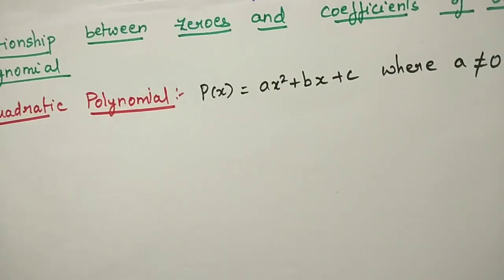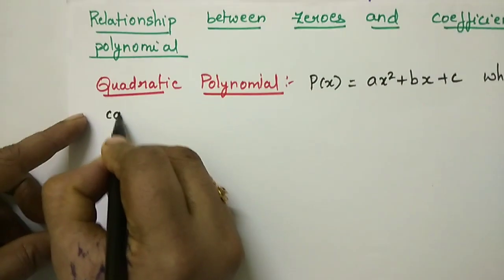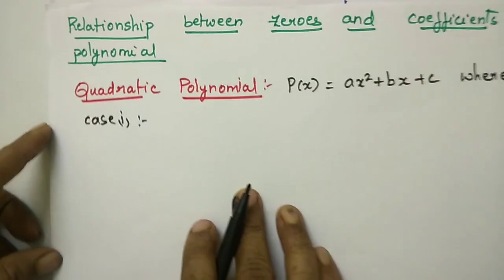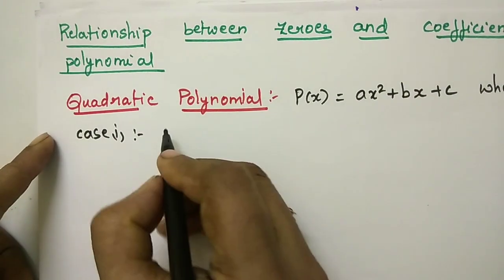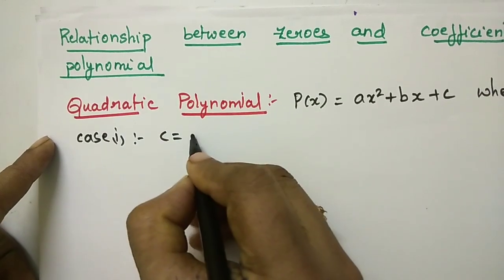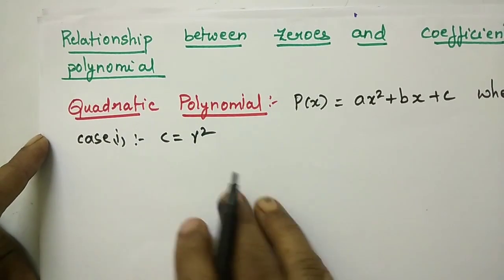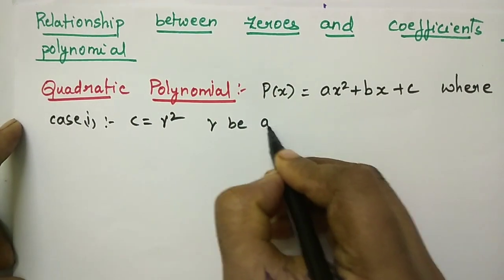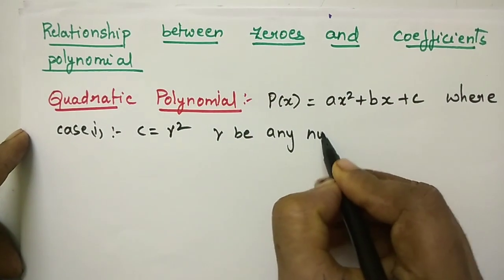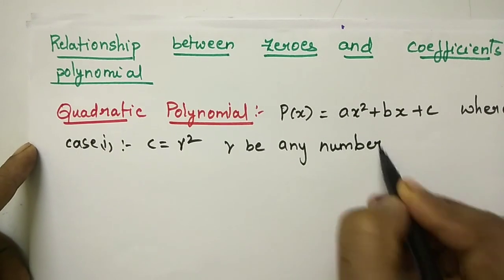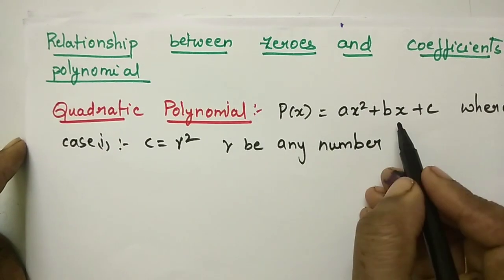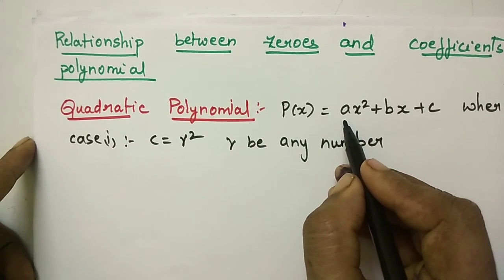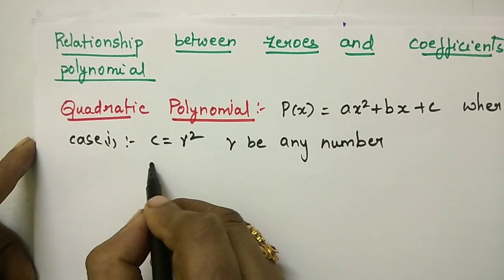Let us see case 1. When c can be expressed as a square of a number, let r be that number. Then we go to the coefficient of x square. Here it is a.